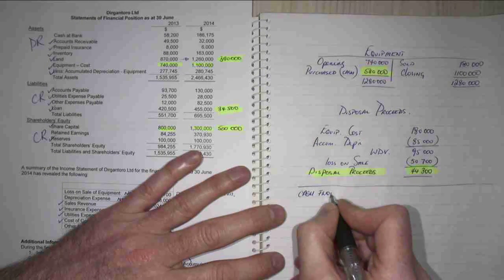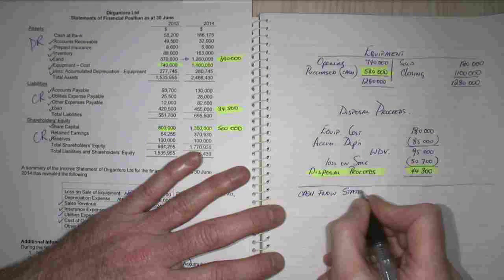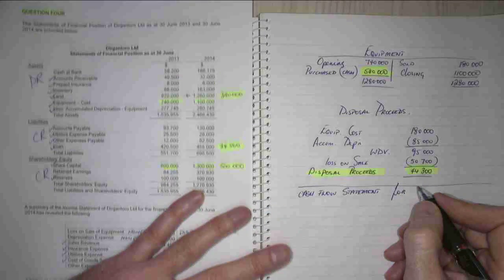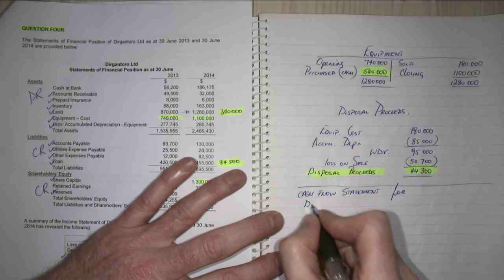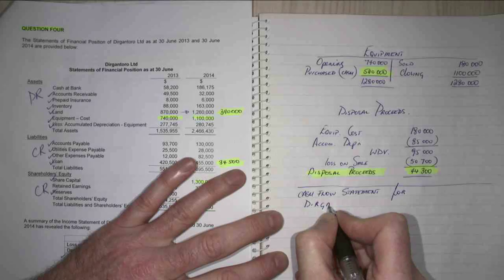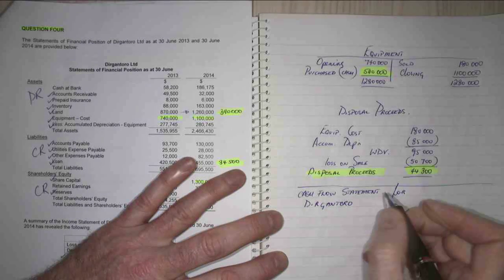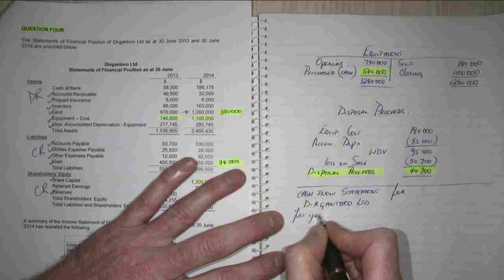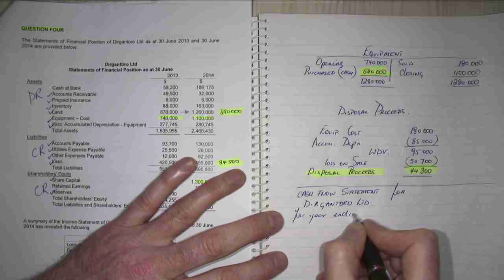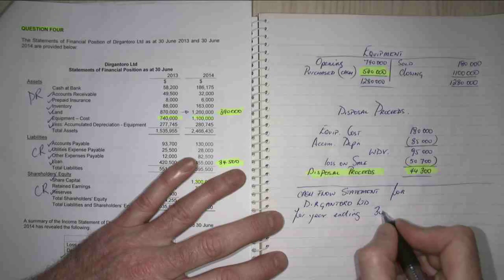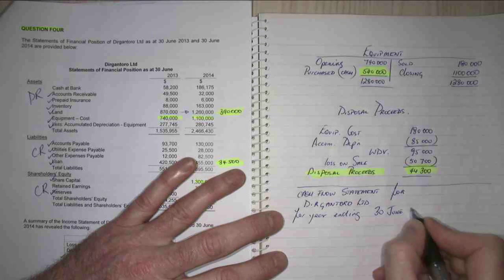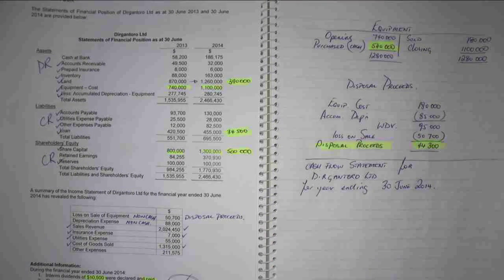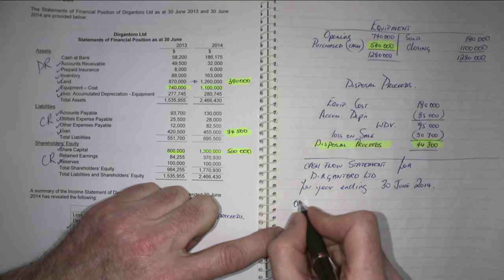Cash flow statement for Limited for year ending. Now, what we're looking for is operating activities.